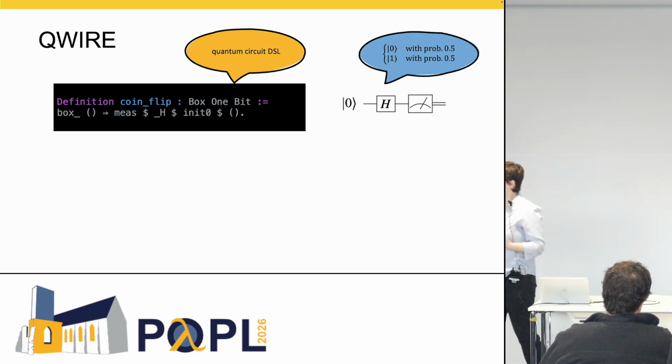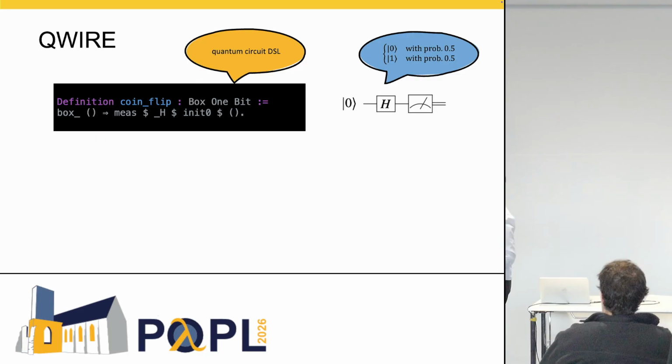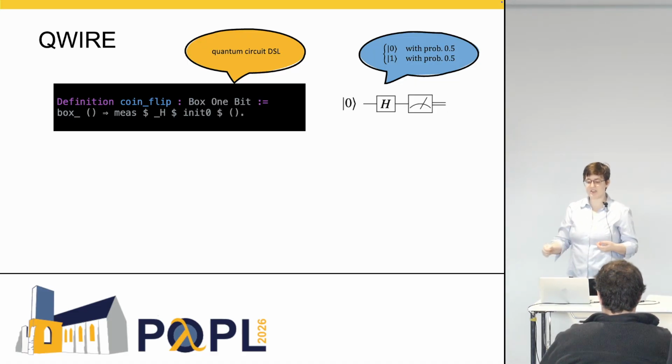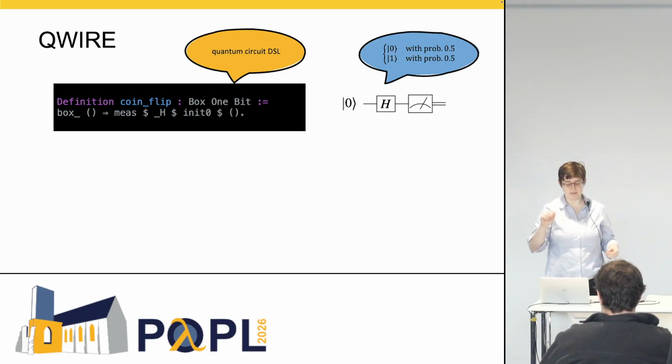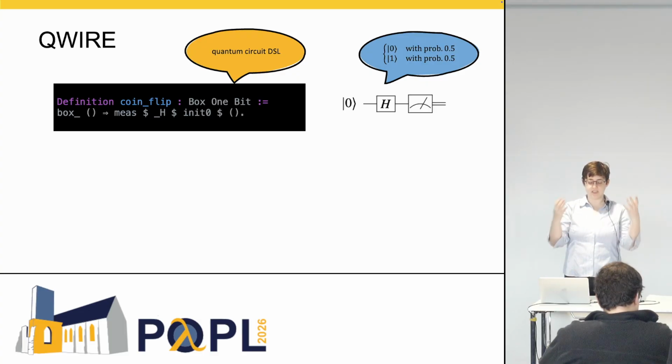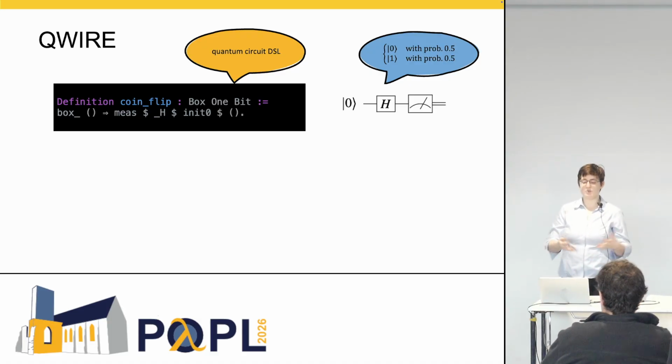Here we have a simple quantum circuit defined in Quire, with the diagrammatic circuit on the right-hand side. This is a very simple operation which prepares a qubit in the 0 state, and then applies the Hadamard gate, which puts it into superposition, and then applies a measurement.